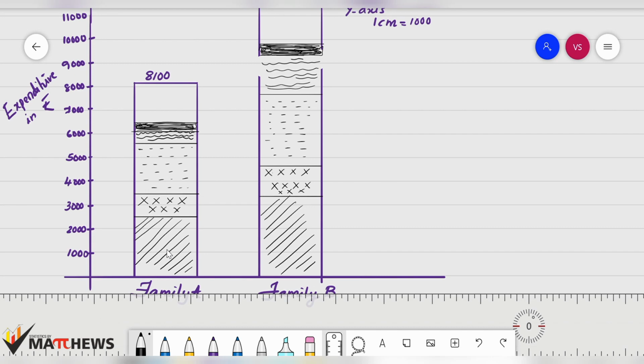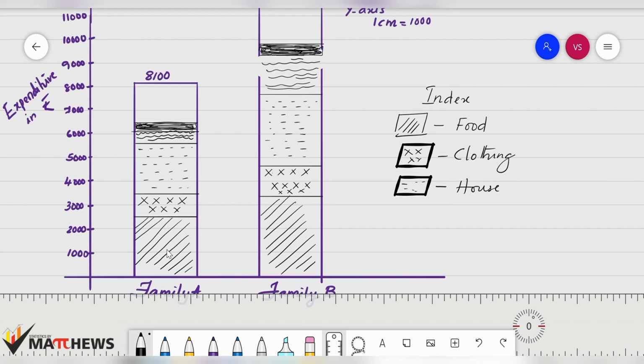So we'll write the index here. What is the index? If you speak about these lines, what was it all about? It was all about food. The next is the cross lines like this. It was all about clothing. The next is all about these dotted lines. This will be for house rent.